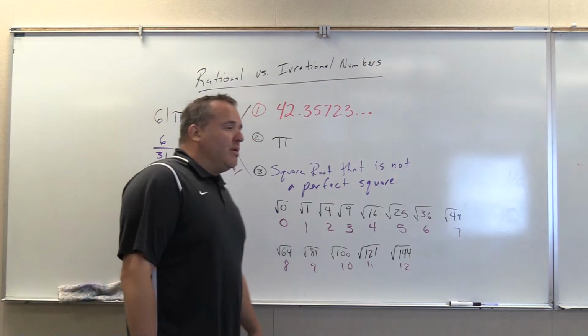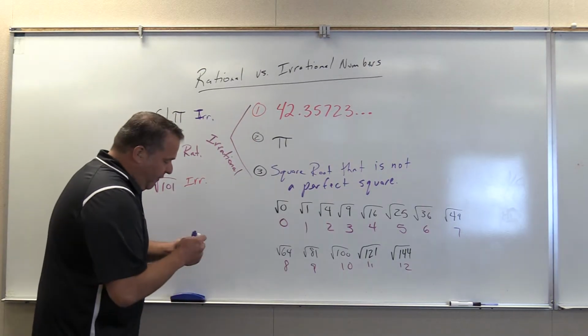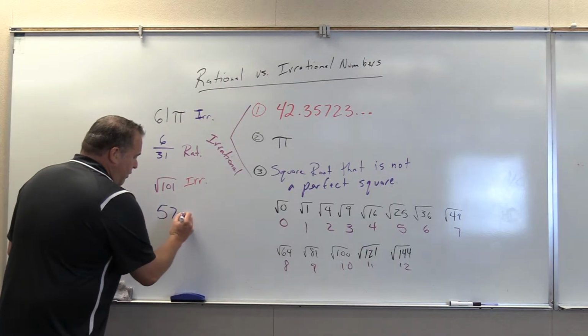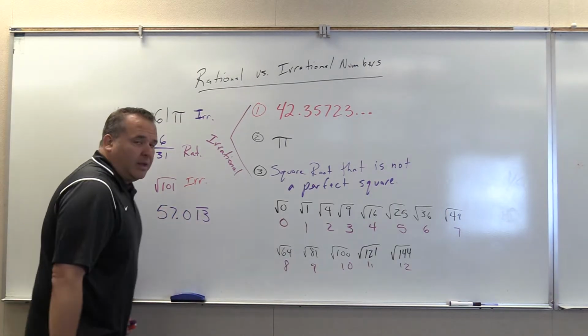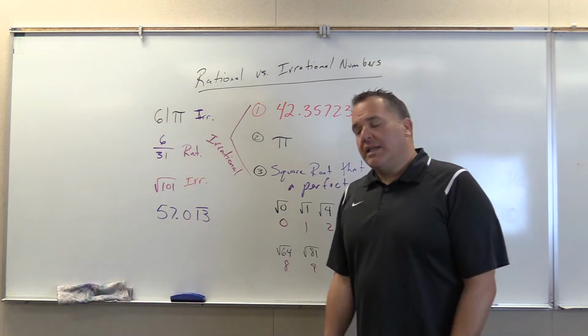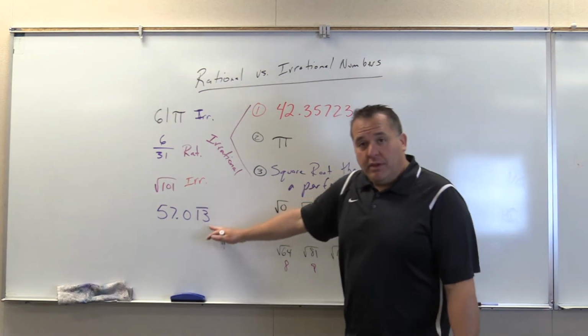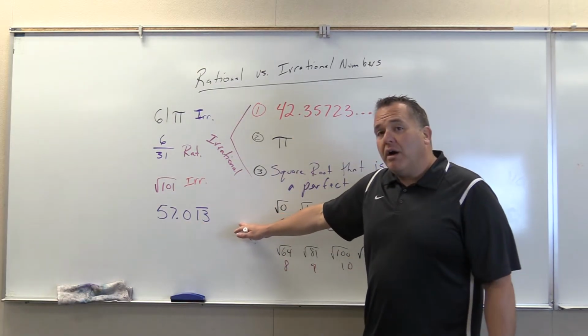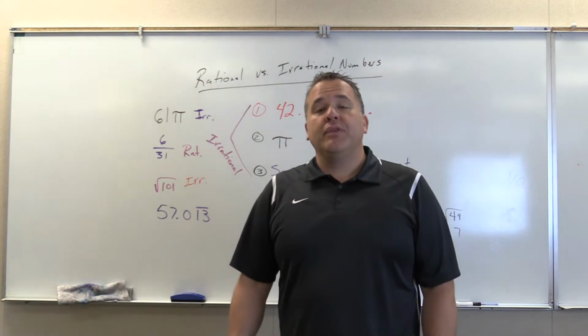Let's try another one. What about this? Boy, here comes a toughie. Watch. Look at this. 57.013 with a bar. Now, what is this? Well, let's take a look. Is it a decimal? Yup, it is. Is this decimal going to keep going on and on and on but never repeat?